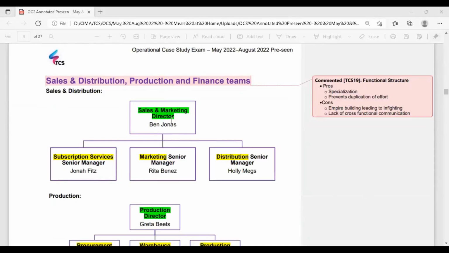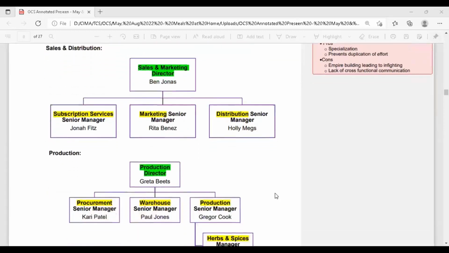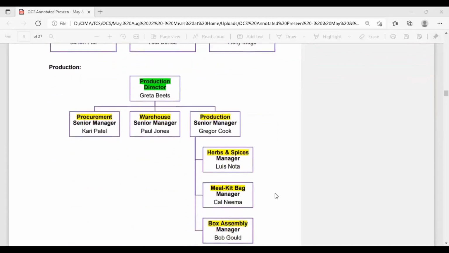Sales and marketing is handled by the sales and marketing director, Ben Jonas, and under him he has three separate senior managers handling subscription services, marketing, as well as distribution. So by looking at this, you can see that there's a functional structure within the marketing function. And the same could be said about the production department.